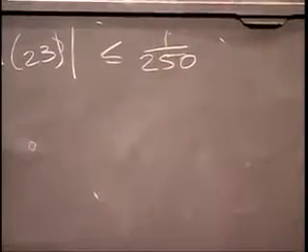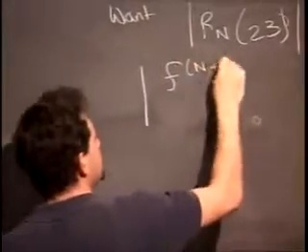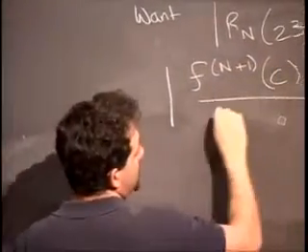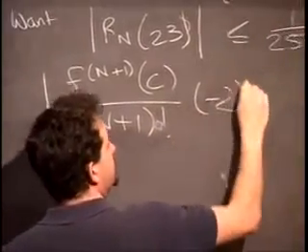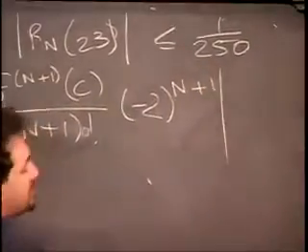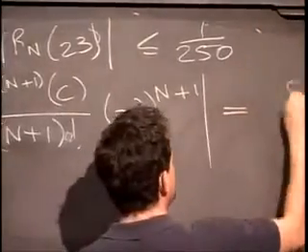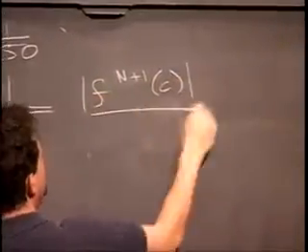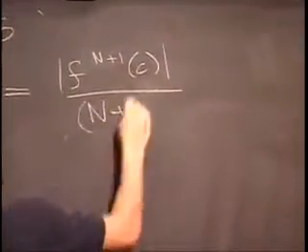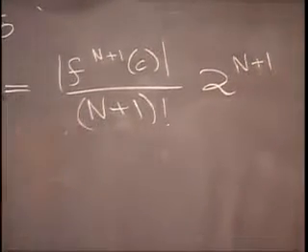Well, that doesn't really do us much. The absolute value of minus 2 to the n plus 1, all that allows us to do is just drop the minus. So I have the absolute value of the derivative over n plus 1 factorial times 2 to the n plus 1. Big whoop.